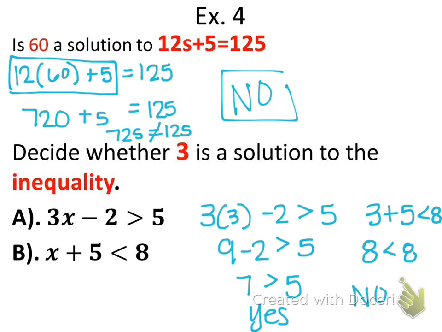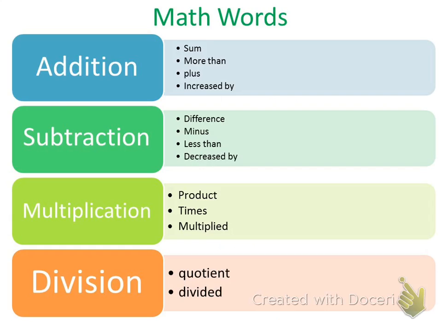All right, so the next example that we're going to cover is turning an algebraic sentence into an actual problem. So what you need to know first are math words. What word symbolizes what operation?